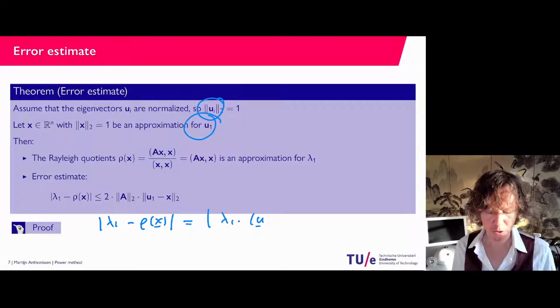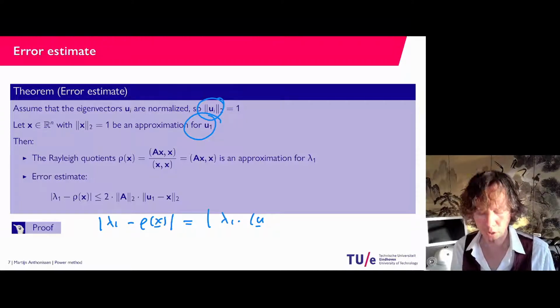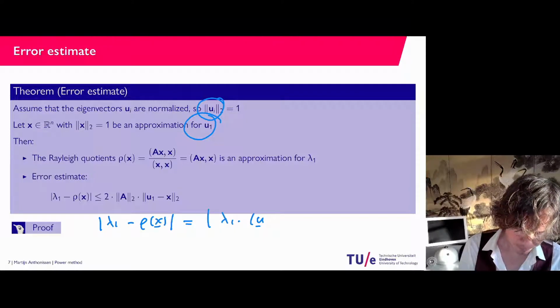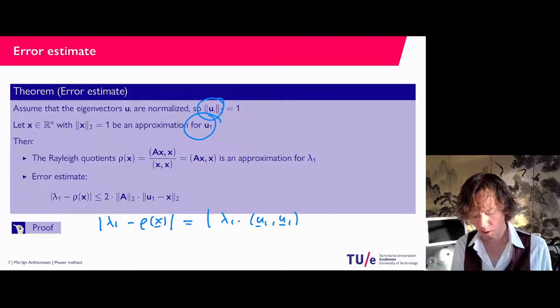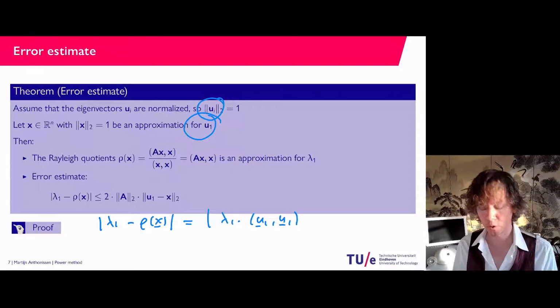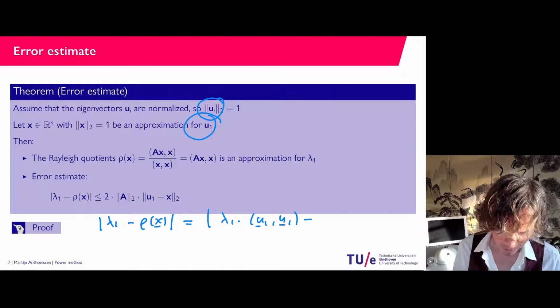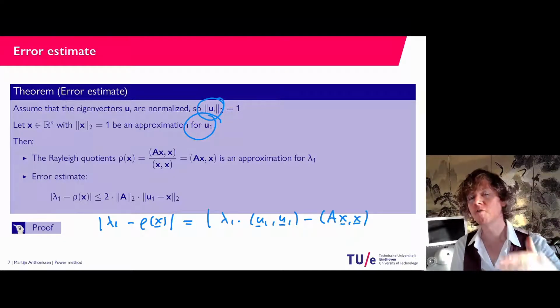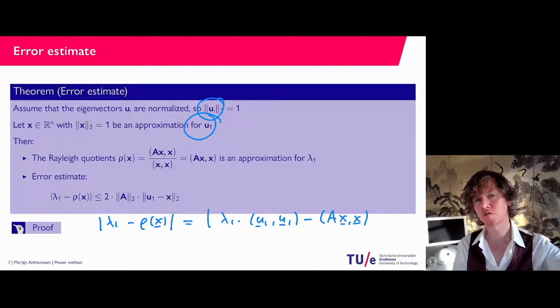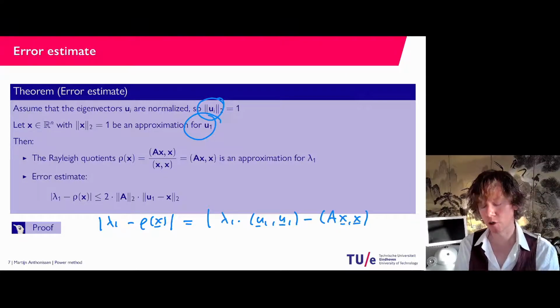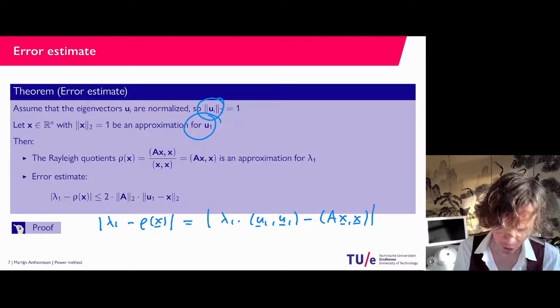It just has to be u1, of course. So u1 comma u1, and that is 1. So I just wrote a complicated way of writing 1 here. Minus, and then the Rayleigh quotient is Ax comma x. It would be divided by the inner product of x with itself, but x also has length 1, so I can forget about that.